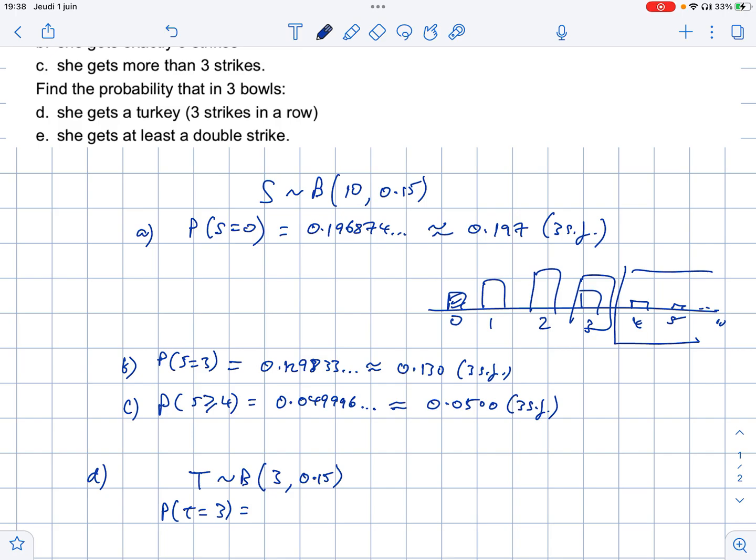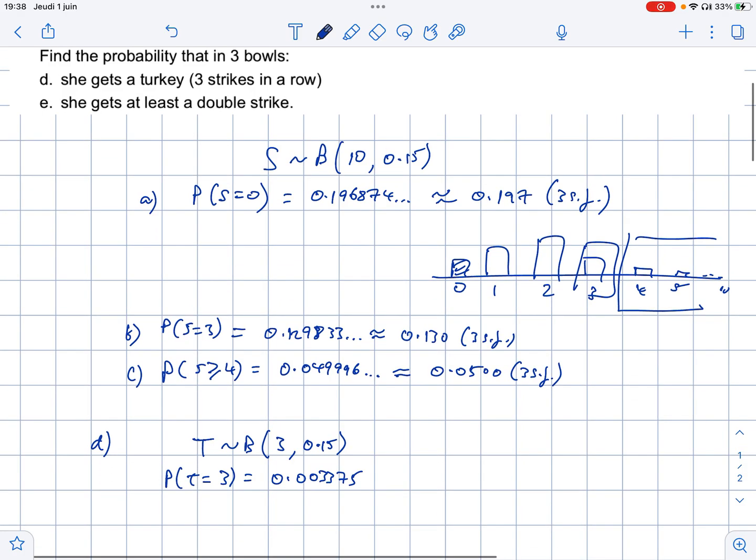So that's just a single value, because the only one we can get with this is strike, strike, strike. In effect, there's only one way of doing it. So it's a binomial PDF of 3 with a probability of 0.15, which gives us 0.003375, and that's actually the exact answer. I can leave it as that.